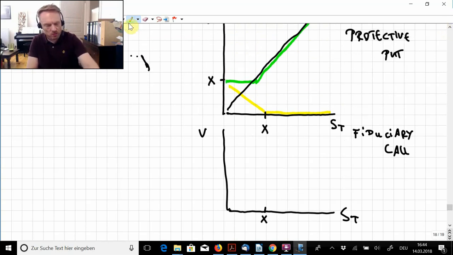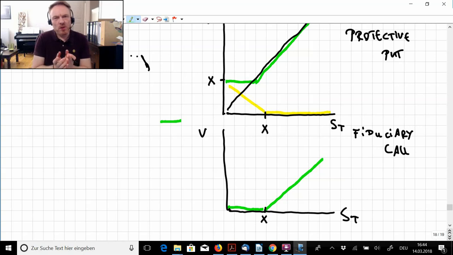The long call can be drawn this way, couldn't it? Because the holder of the call has the right, not the obligation, but the right to buy the underlying asset at X, at capital X. So this gives us the green line.